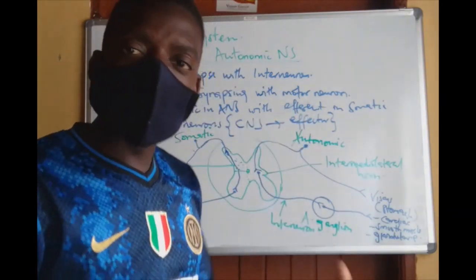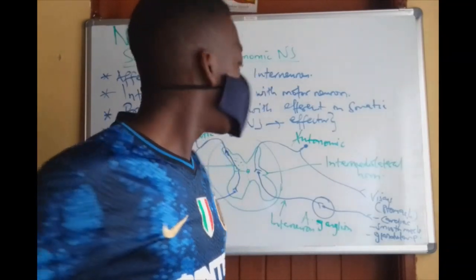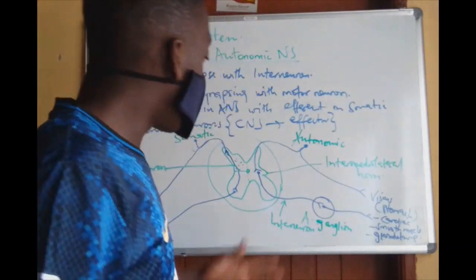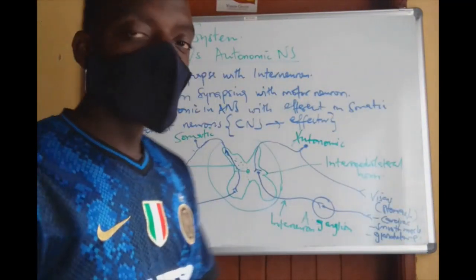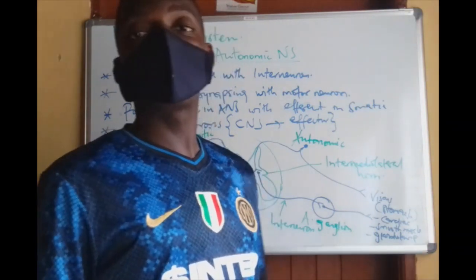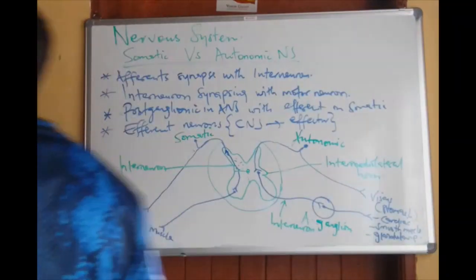What level? Is it in the head? Is it along the thoracolumbar region? Is it in the sacral region? Yeah, that's the source of difference between parasympathetic and sympathetic nervous system, which are the components of the autonomic nervous system. Let me wrap up.